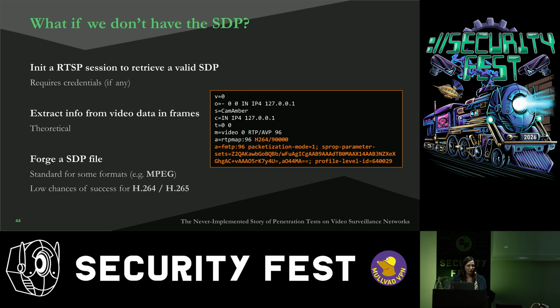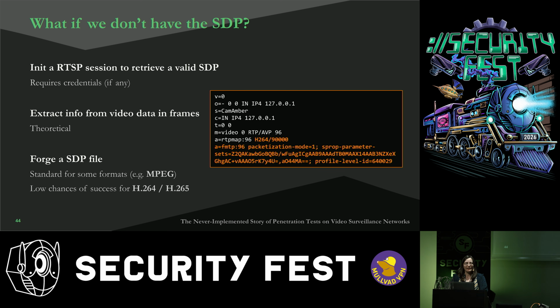And the last thing I could think of is to forge an SDP file, to create one from scratch. It could be possible for standard formats, such as MPEG, but the standards I meet the most are H.264 and H.265, and these include additional parameters. You can see, for instance, this very weird string at the end. It's generated from a combination of many, many parameters.